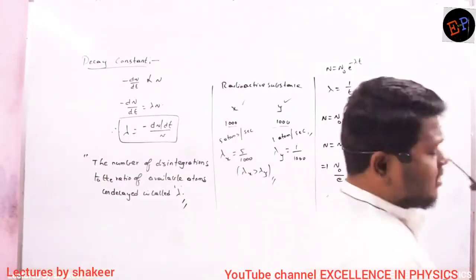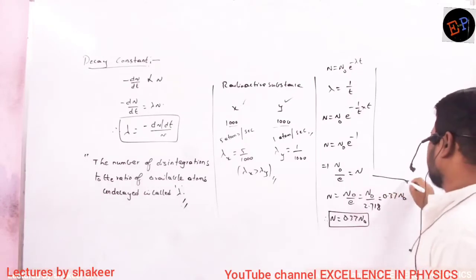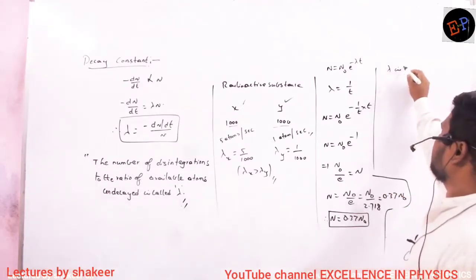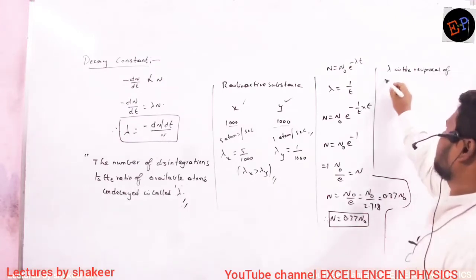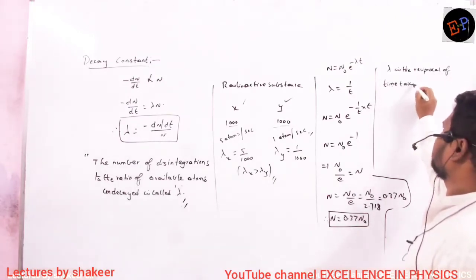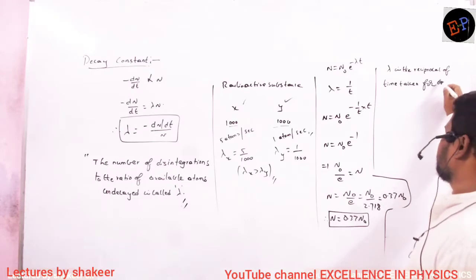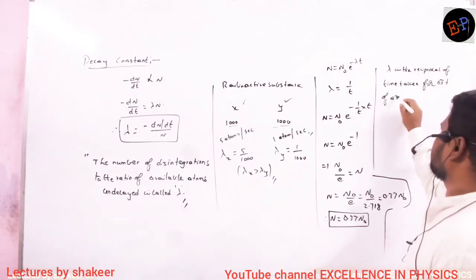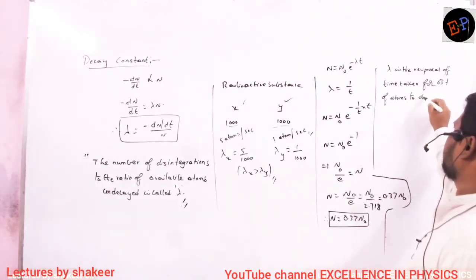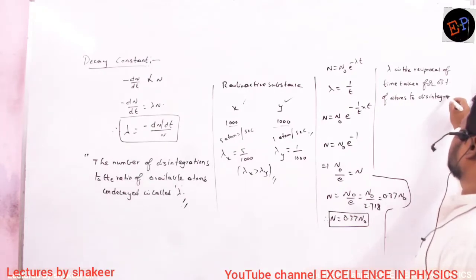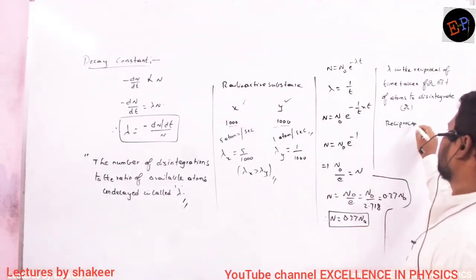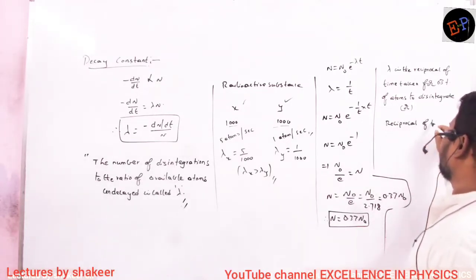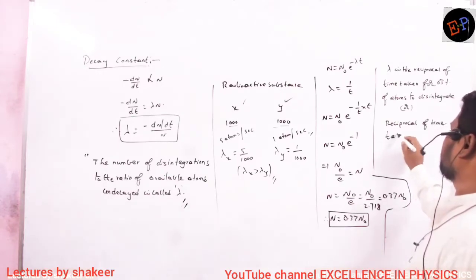Okay. Therefore what I write is, lambda is the reciprocal of the time taken for 63% of atoms to disintegrate. Or, the reciprocal of the time taken for what?